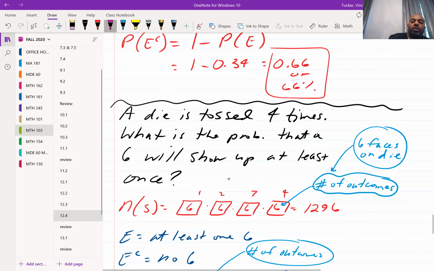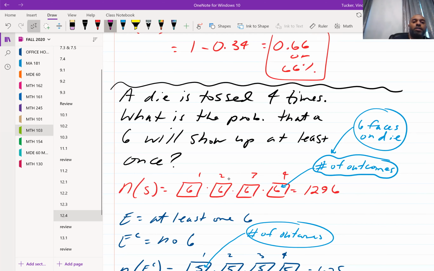So we want to know the probability that at least one of those tosses will show up 6. The complement of that is that none of them will turn up as 6. Sometimes when finding a probability, it's easier to find the complement and then subtract that from 1.